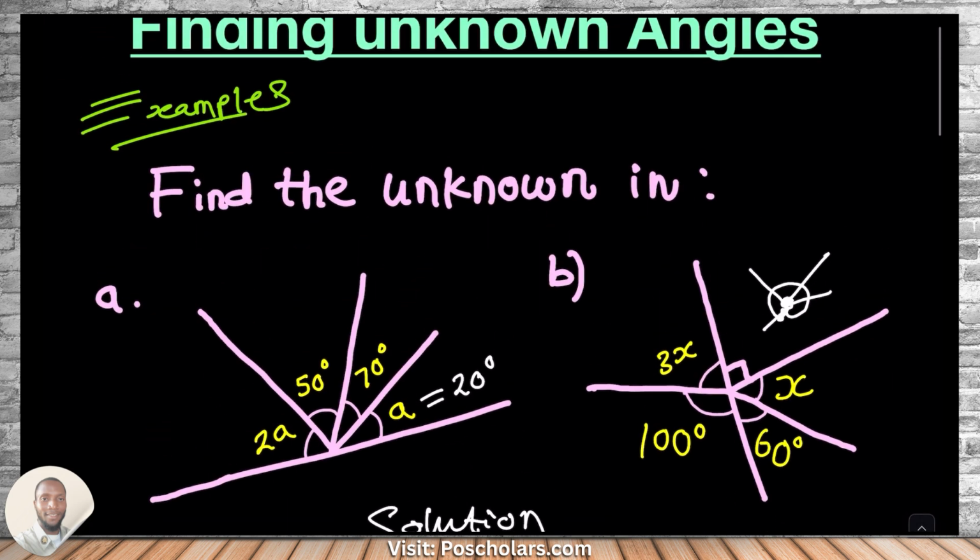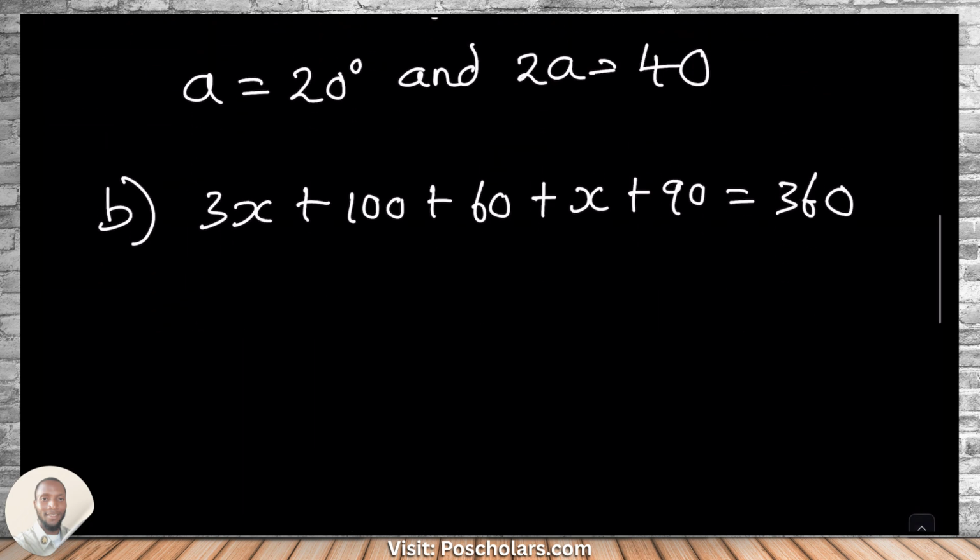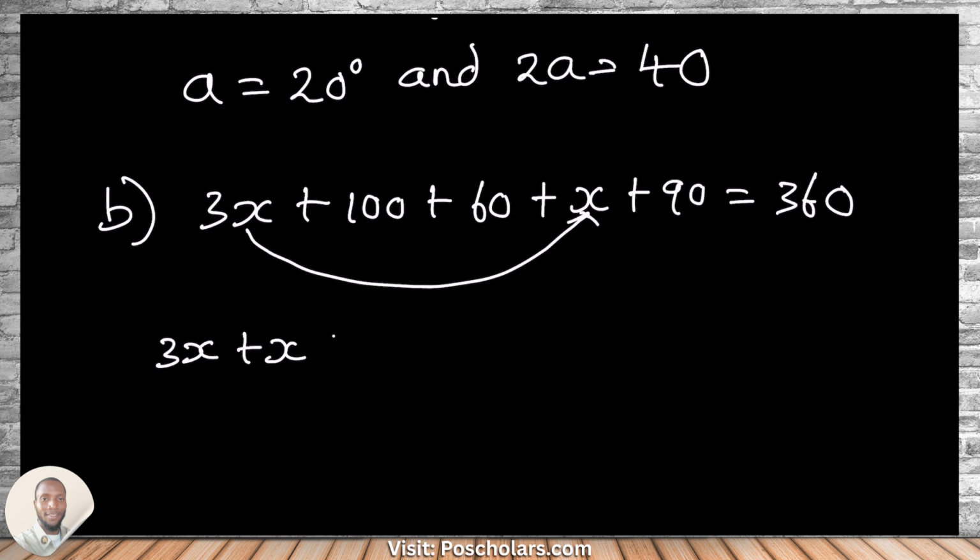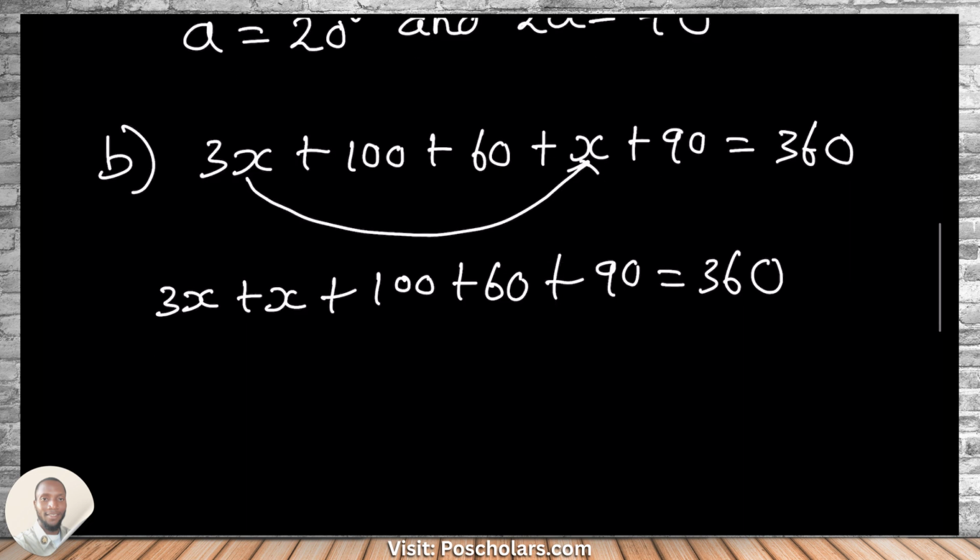We continue by collecting like terms: 3x plus x, then plus 100, then plus 60, then plus 90, equals 360. Now 3x plus x gives 4x, then 100 plus 60 gives 160, then 160 plus 90 gives 250. So write it, 4x plus 250 equals 360.